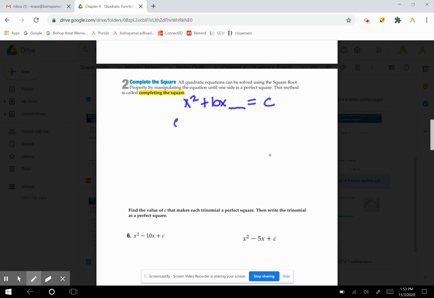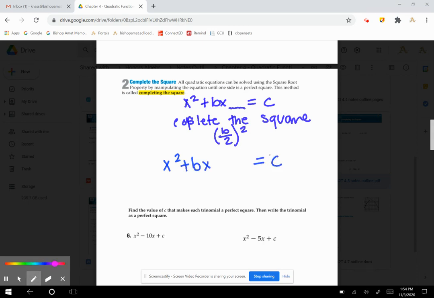Now, when you complete the square, I forgot the m. The equation you use is b over 2 squared. Once you complete the square, you're going to add that b over 2 squared to both sides. So it looks like this: x squared plus bx equals c.